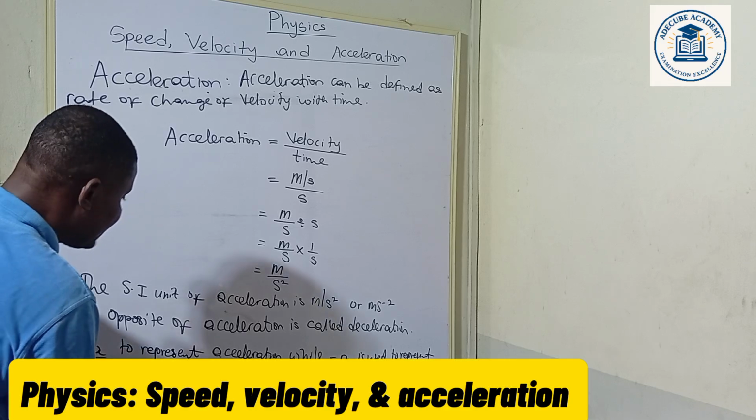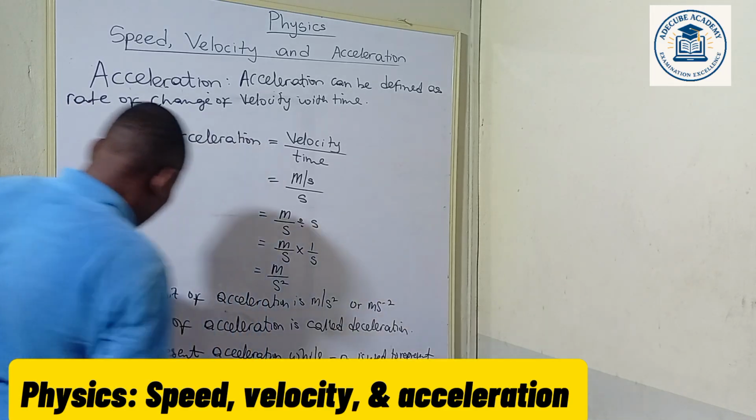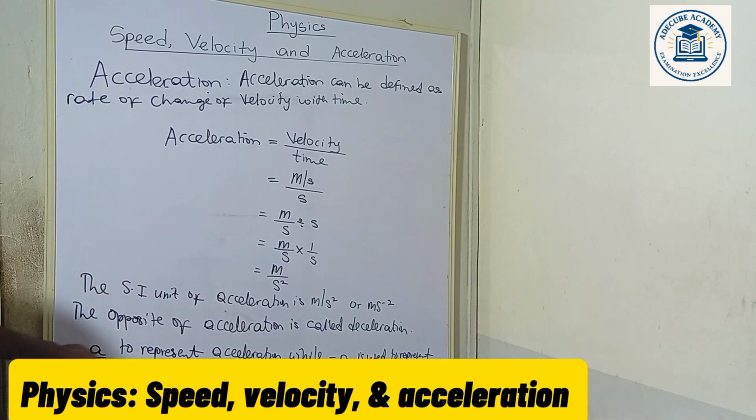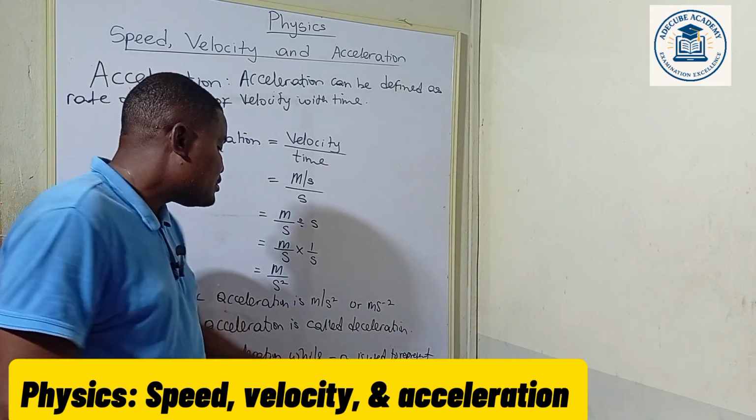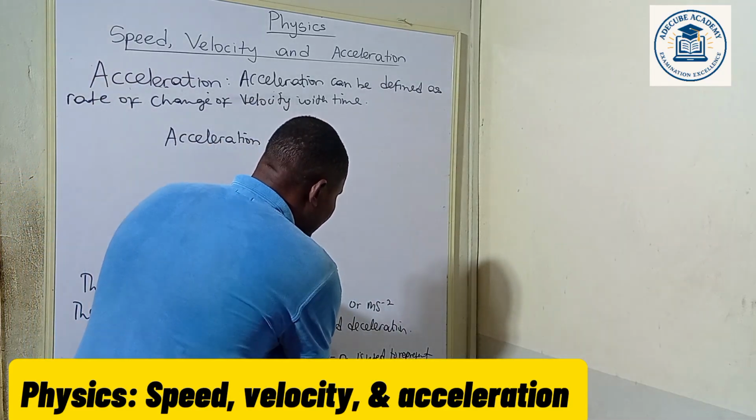Let's take note of it: we use small letter a to represent acceleration, while we use minus small letter a to represent deceleration.